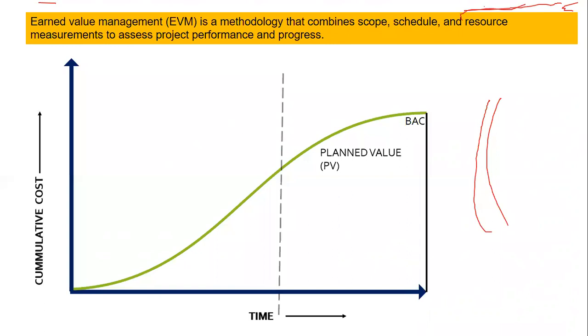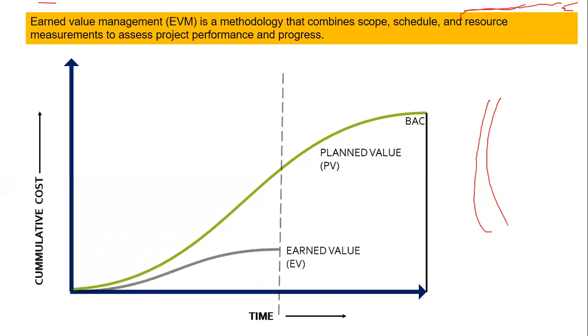Maybe note those. Planned value is the budget you have planned. It is called budget at completion. BAC is budget at completion. So that is $1,000.